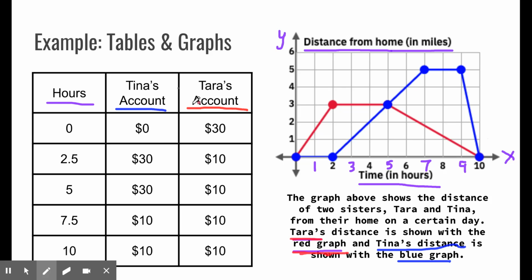All right, if we look at the values in the table, we can see that Tara, who's our red graph, from 0 to 2.5, her amount of money decreased. So she had $30 at the beginning. By the time she gets to 2.5, which would be halfway between 2 and 3, so that's about here, she's decreased to $10 in her bank account.